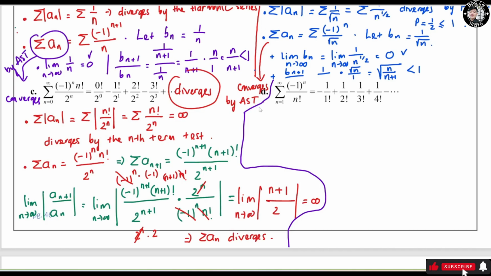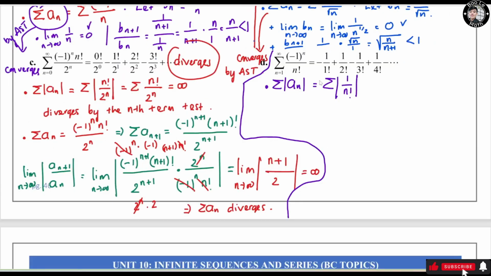Now let's take a look at question D. We need to check the series of absolute value of a sub n, so it's going to be the series of 1 over n factorial. Now we're going to use the ratio test. So we have a sub n plus 1 equals 1 over n plus 1 factorial.